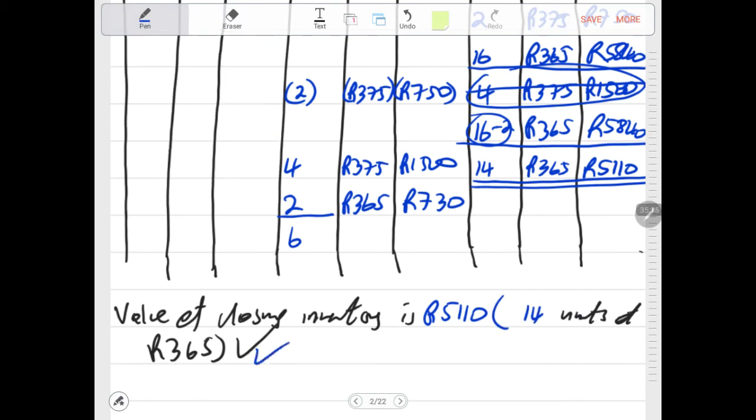There's normally 1 mark or 2 marks to make sure that you respond to the question. Sometimes you don't have to write this sentence. We can also clearly see that this is obviously inventory that is left at the end of the year, which is the 14 units at 365, amounting to 5,110.